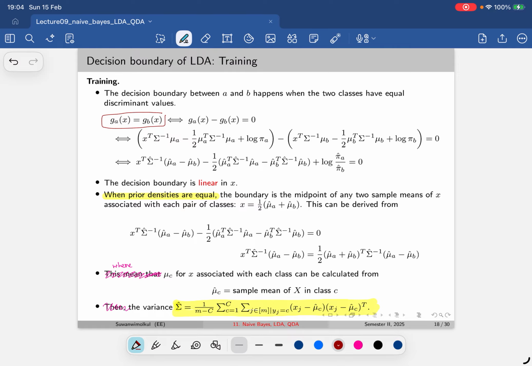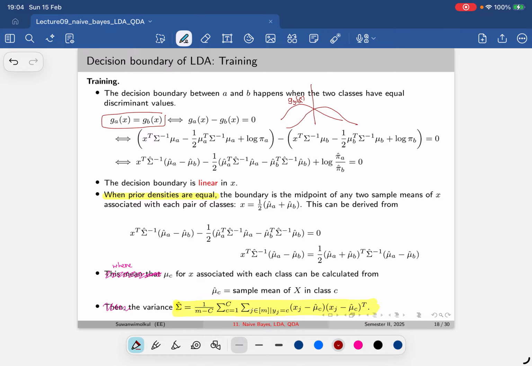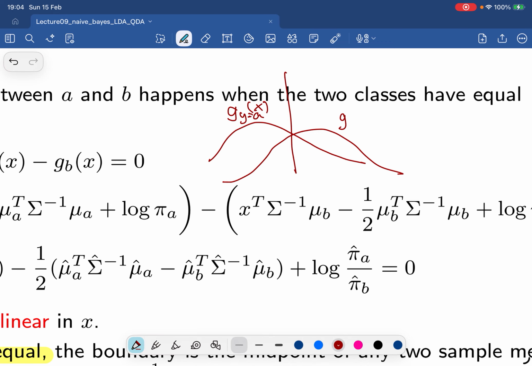Okay, let's put it this way. If you can draw g(y equal to A, X), and maybe this one is in here. Okay, I'll give you a better one. g(y equal to B, X), right?